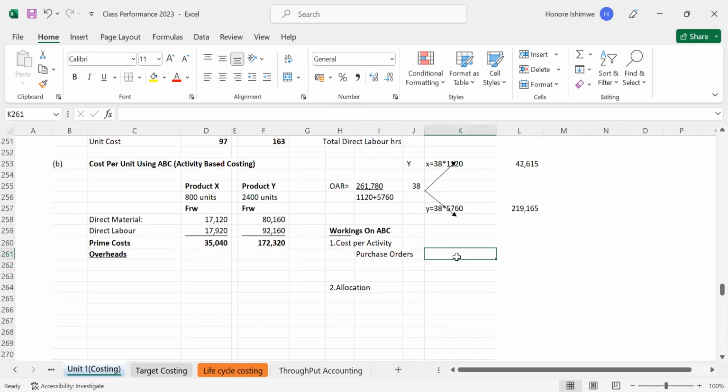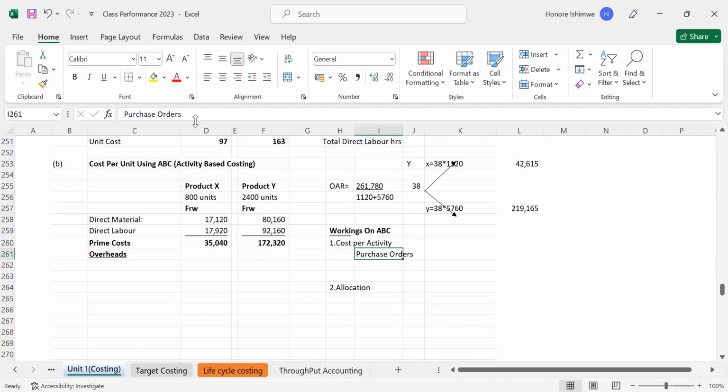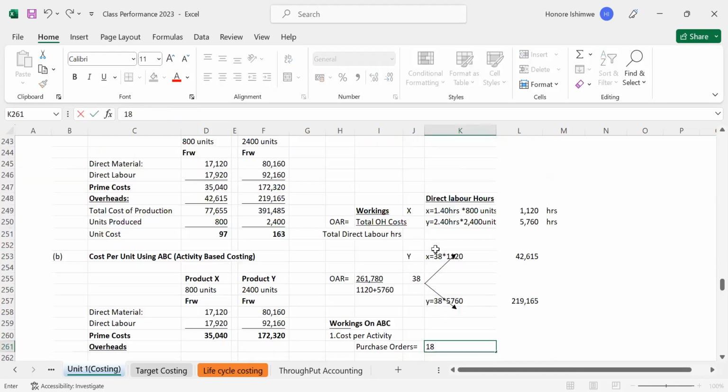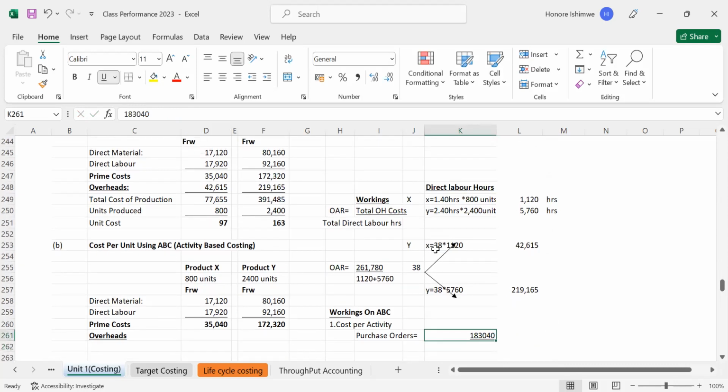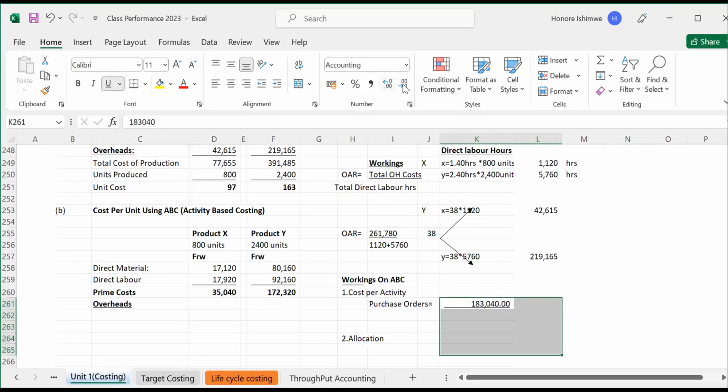So the cost of the purchase orders is equal to how much? It is 183,040. This was the cost of my overheads.